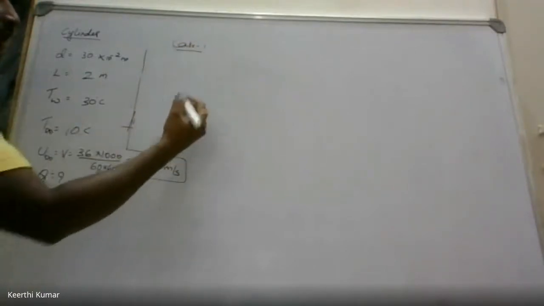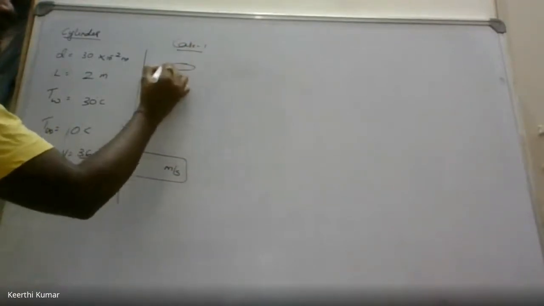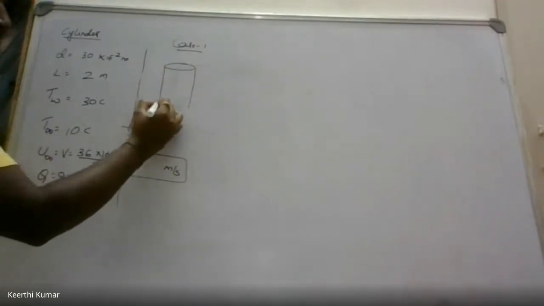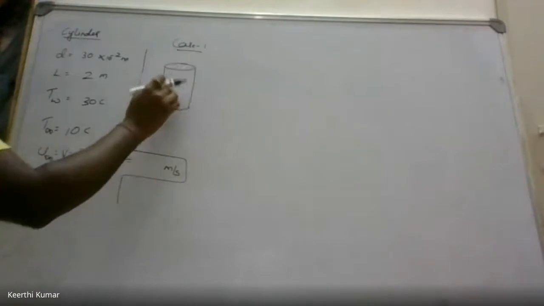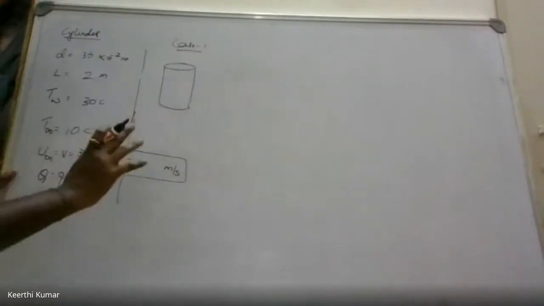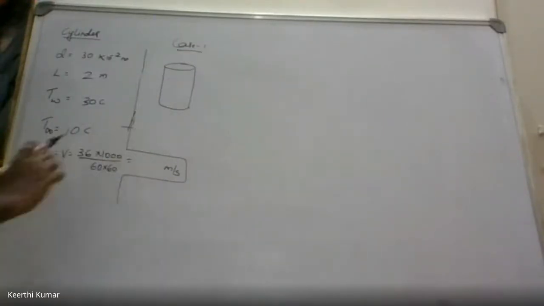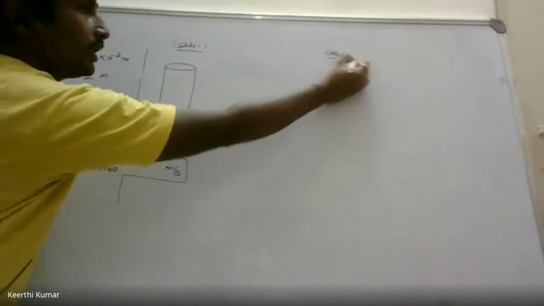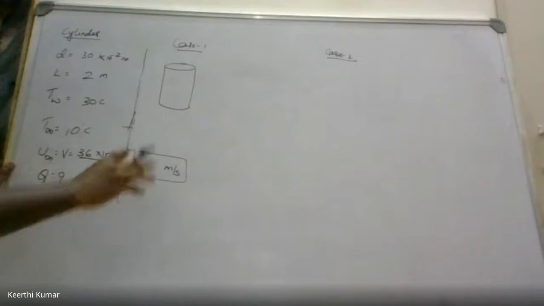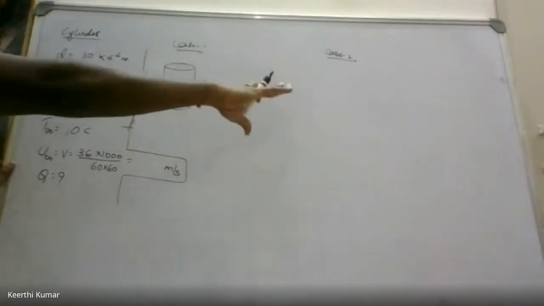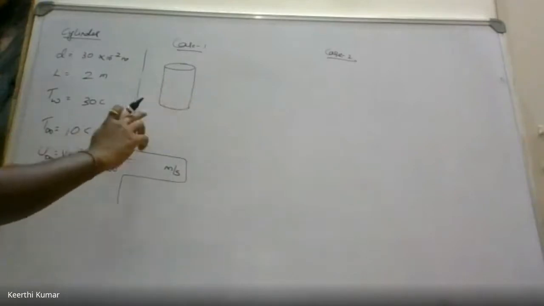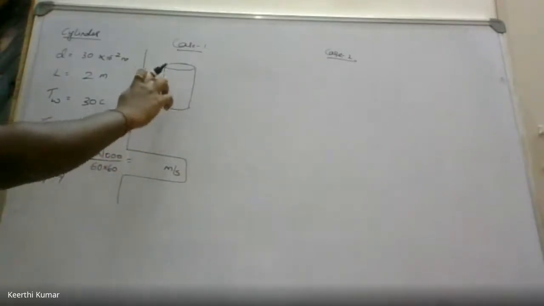In case 1, he has considered it as a cylinder where air is blowing over the cylinder, with some diameter and length, everything given. You know how to calculate till the Q. Then coming to case 2, the volume of the cylinder and the case 2 body is the same. Velocity, everything remains the same, except the shape will change.